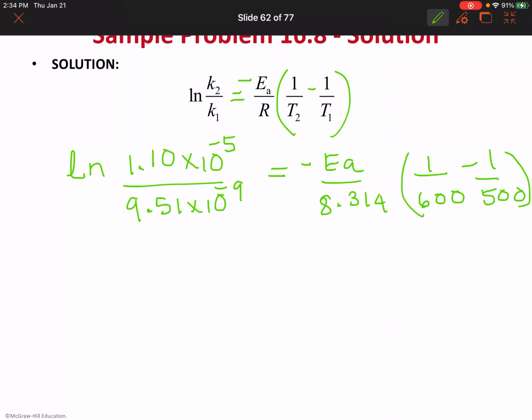So first you do ln 1.10 times 10 to the negative 5, and then also you find ln 9.51 times 10 to the negative 9. That would give you 1156. Let me do the calculation quickly. Use my calculator.